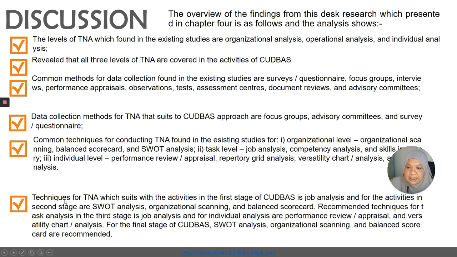So, the technique for TNA which suits the activities in the first stage of Cudbas is job analysis, and for the activities in second stage are SWOT analysis, organization scanning, balance scorecard. Recommended technique for task analysis in the third stage is job analysis. And for individual analysis, the formal review, appraisal, and versatile chart. For the final stage of Cudbas, SWOT analysis, organizational scanning, and balance scorecard are recommended.